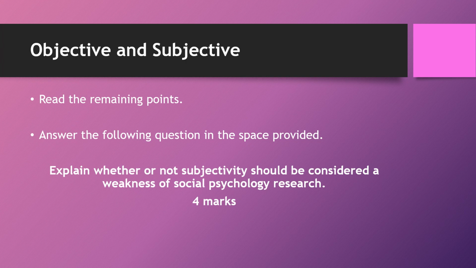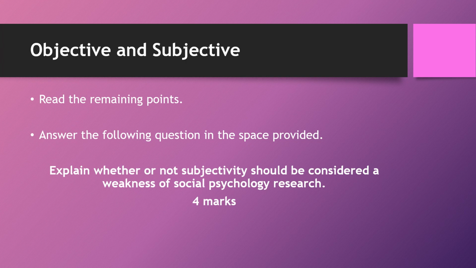What I would like you to do in planning out and answering this question is, first of all, pick apart the question. So we've got 4 marks, 2 AO1, 2 AO3. The AO1 marks are for your understanding of what subjectivity is and therefore what objectivity is. And then your AO3 is for developing this within the context of social psychology.